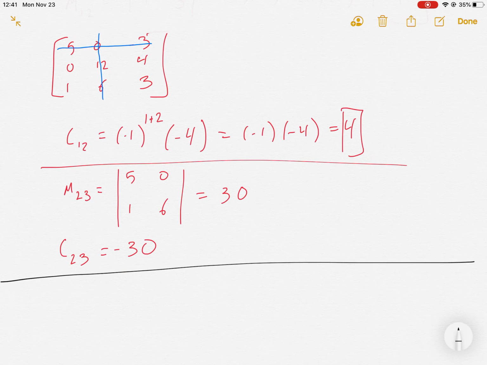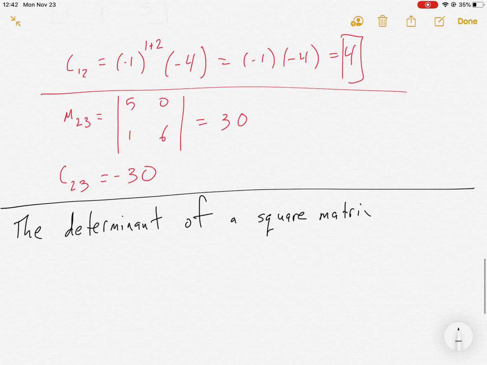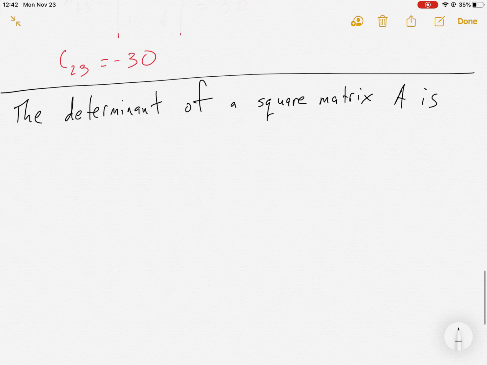Now we're ready to define the determinant. So the determinant of any square matrix is given by the sum along any row or column.